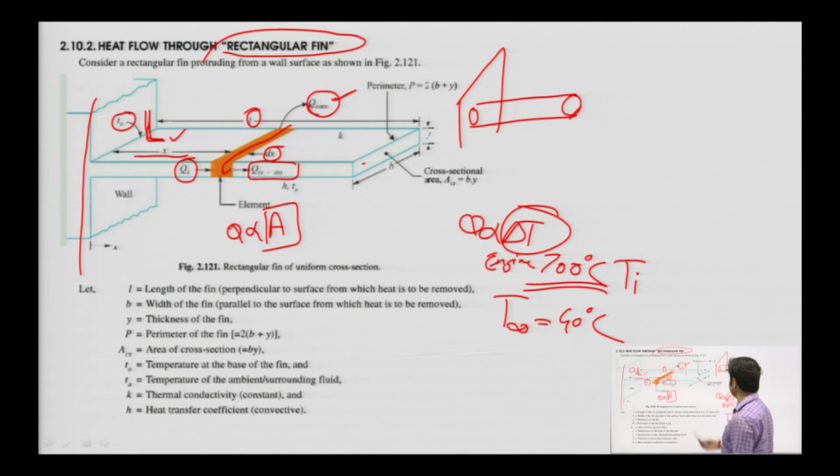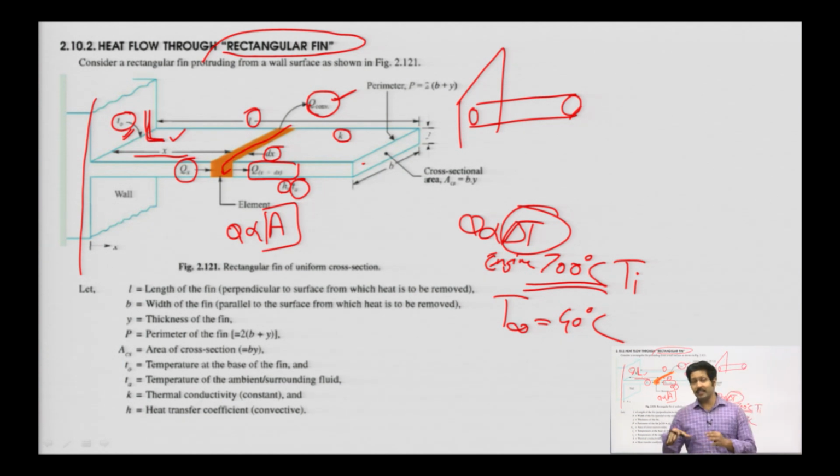So there is the perimeter and the cross-sectional area. Now the temperature of the base is T0, and the temperature of the ambient is TA here. I have taken T infinity, that's my nomenclature, but as per this book they have taken TA as the ambient temperature. The convective heat transfer coefficient is h here, and the thermal conductivity is k here.